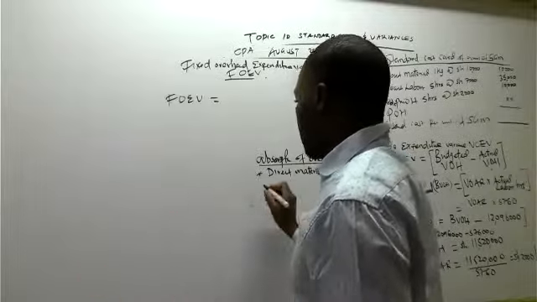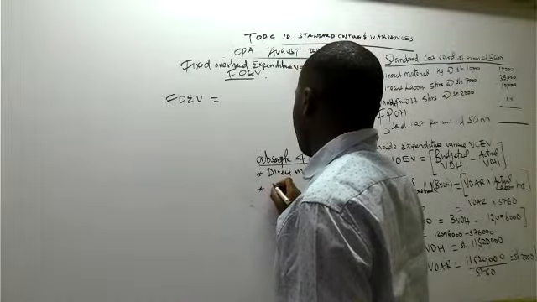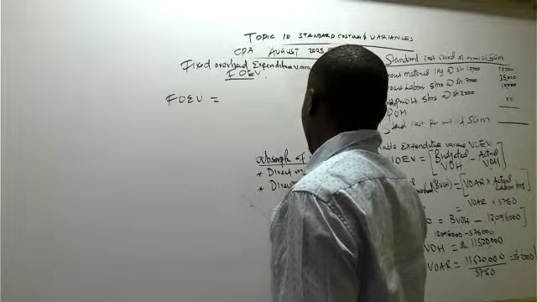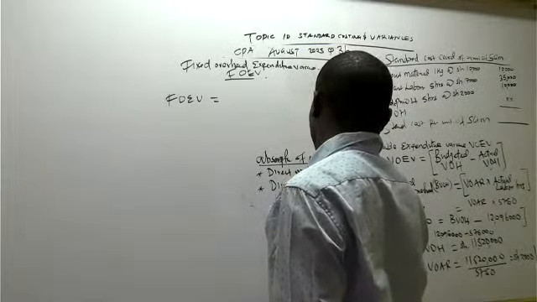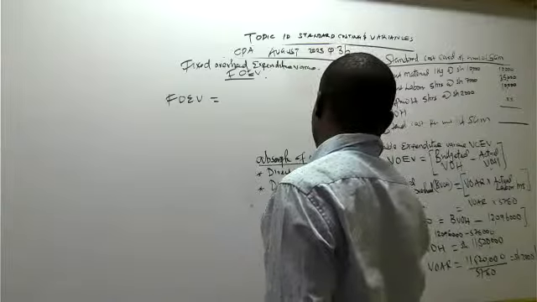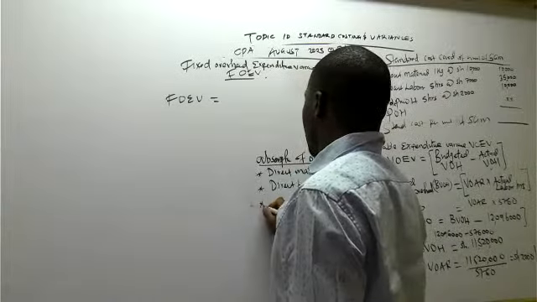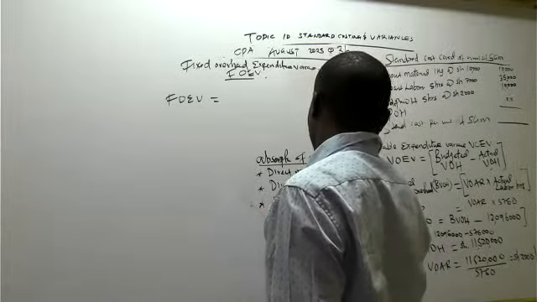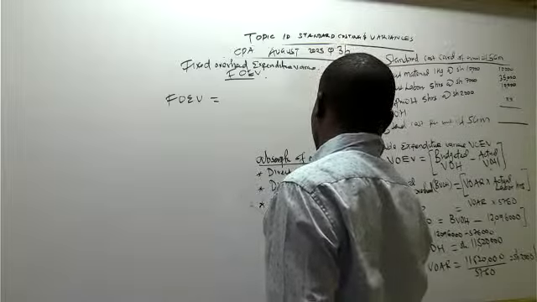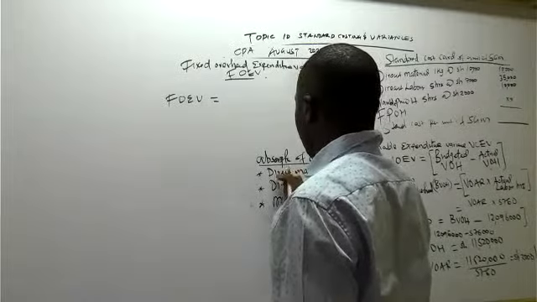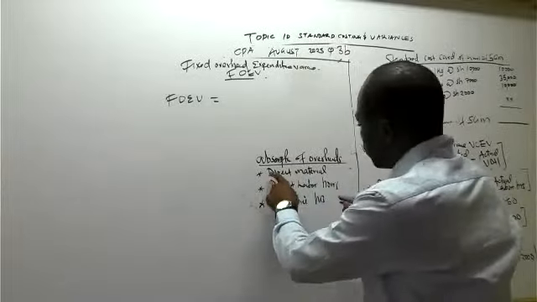Two, you can use direct labor hours. Three, you can use machine hours. The direct labor or direct material here, direct material, you're going to use the cost.